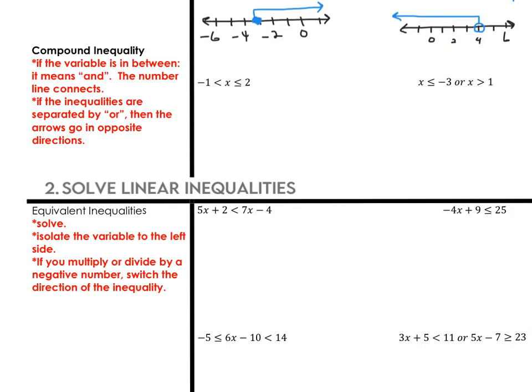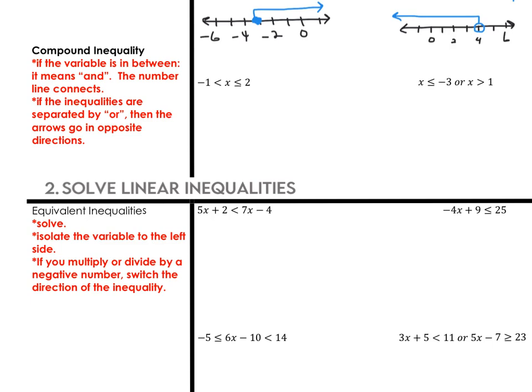You may run into a situation that has a compound inequality. There are two scenarios. If the variable is in between two boundaries, that means and. So X is greater than something and it's less than something. So it's in between. And your arrows will actually connect with each other and not actually have like an arrow symbol. And I'll show you in just a moment.